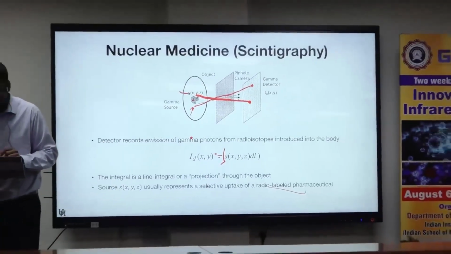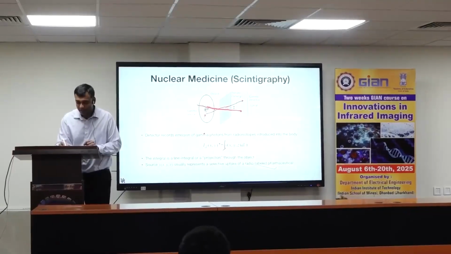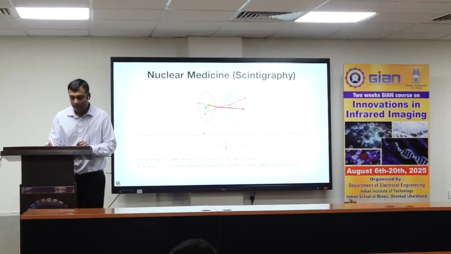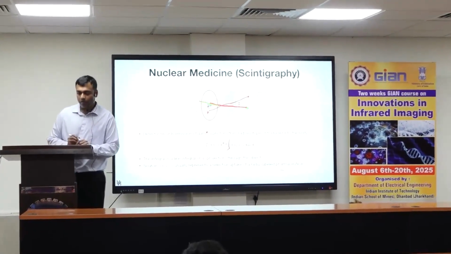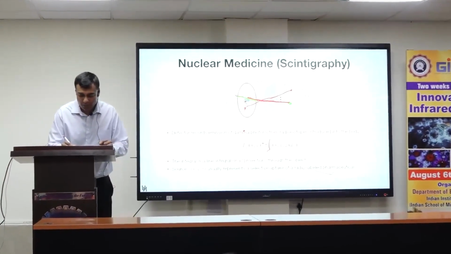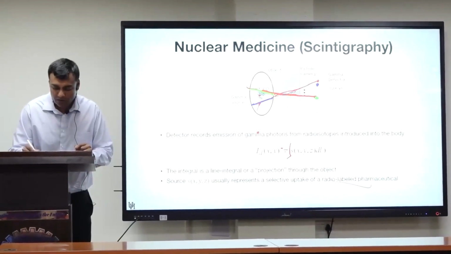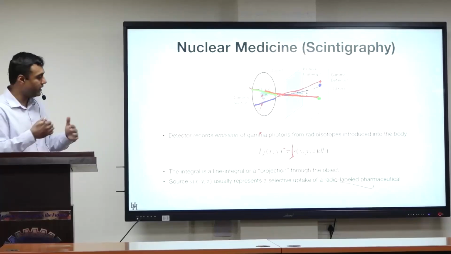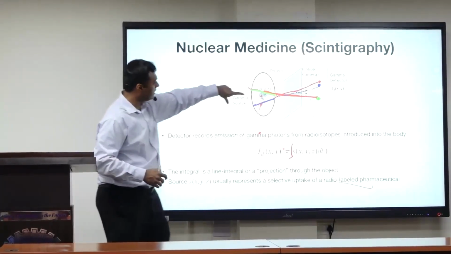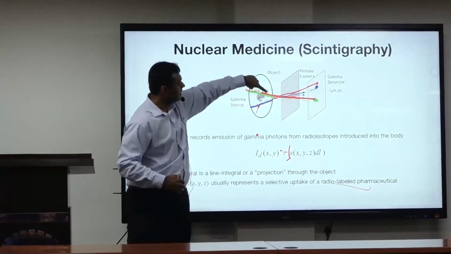If the source of radiation could be anywhere from here to here, that will give you one value at this location. And for another point anywhere from here to here, it goes through, and you will get one dot over here. So basically, the data you get is an integral of this and this.